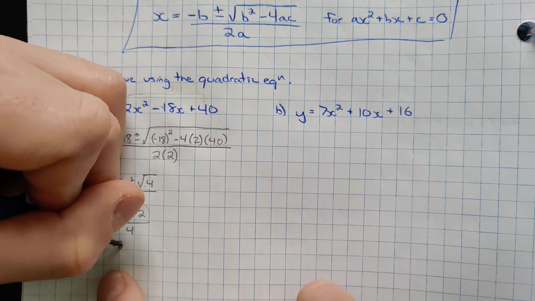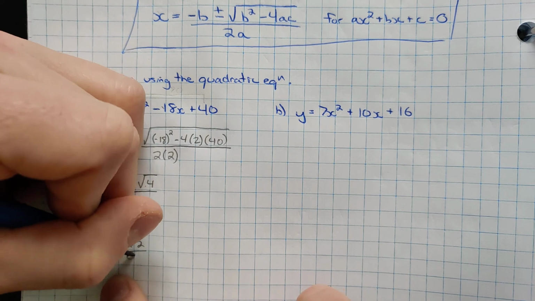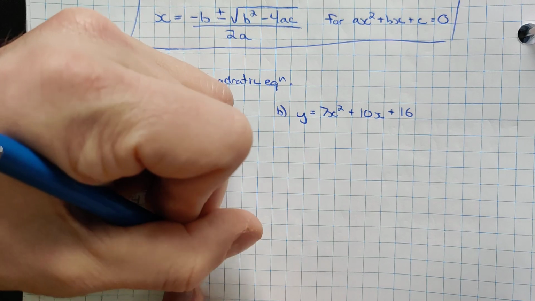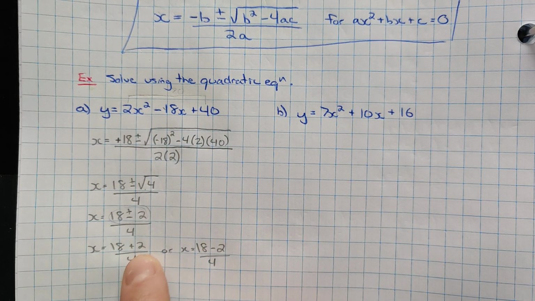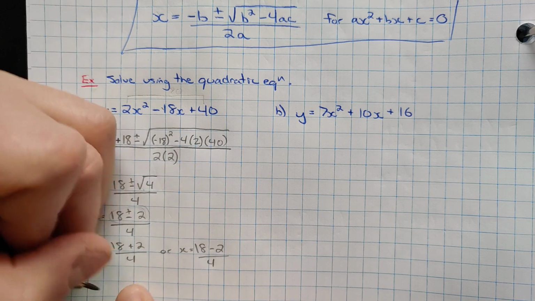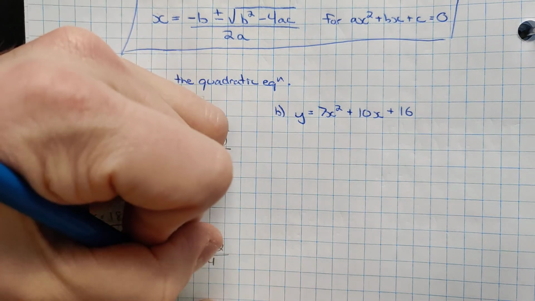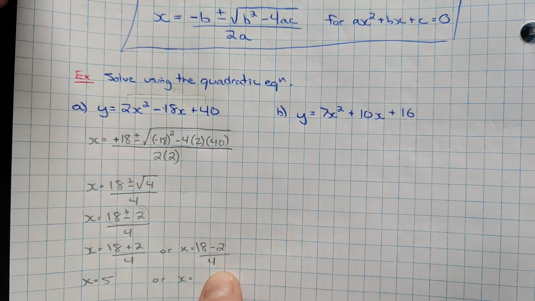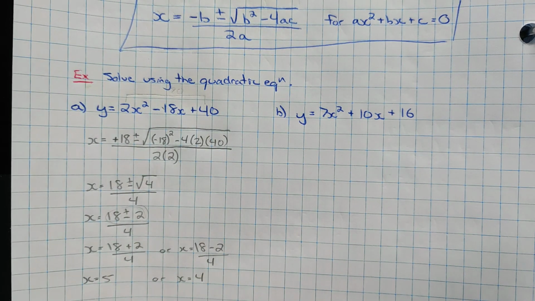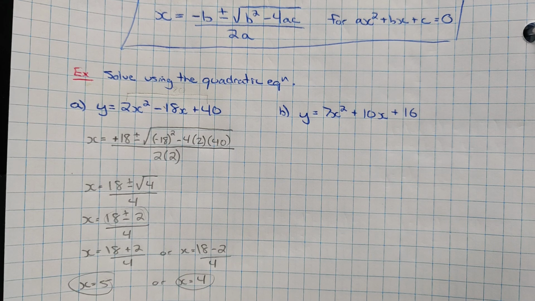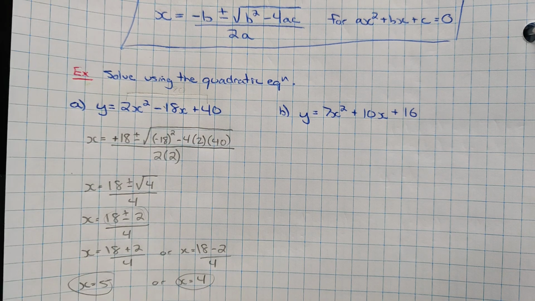X equals 18 plus 2 over 4, or x equals 18 minus 2 over 4. 18 plus 2 is going to give us 20 divided by 4, x equals 5. Or 18 minus 2 is going to give us 16, and 16 divided by 4 is going to give us 4. These are the answers to this equation, and it gives us the roots. So we can use the quadratic equation to solve if it's factorable.